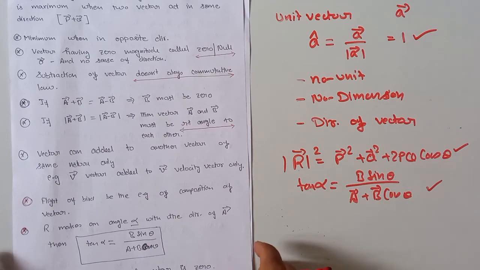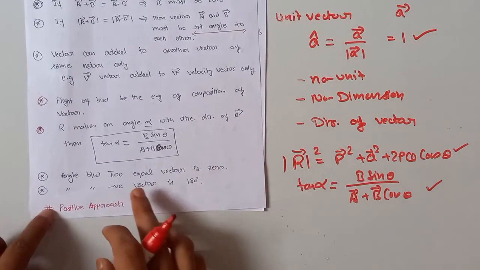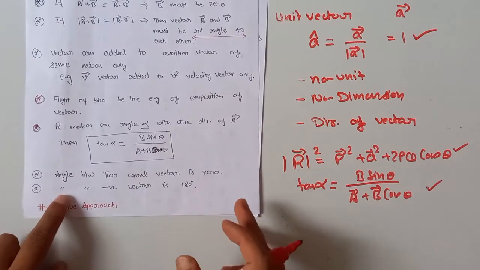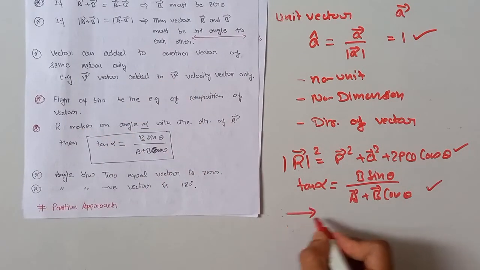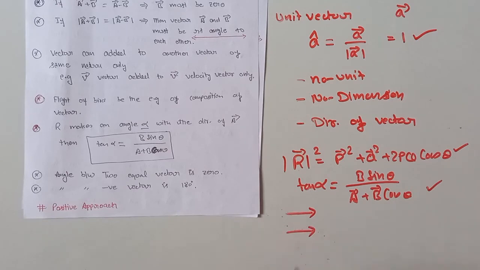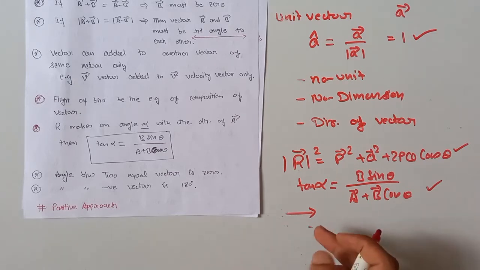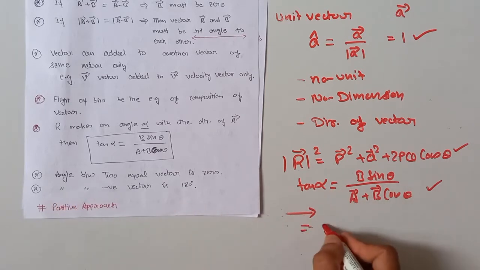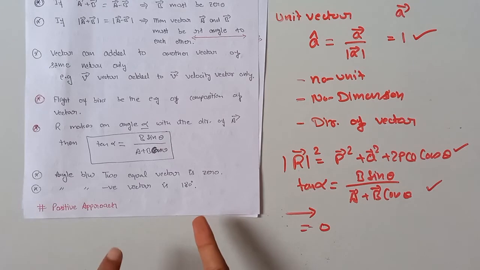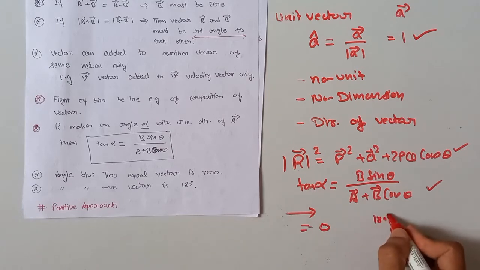Our next key point is that the angle between two equal vectors is 0. As we earlier discussed, equal vectors are two vectors which are parallel to each other, with the same direction and the same magnitude. So the angle between two equal vectors is always 0, and the angle between a vector and its negative vector is 180 degrees.